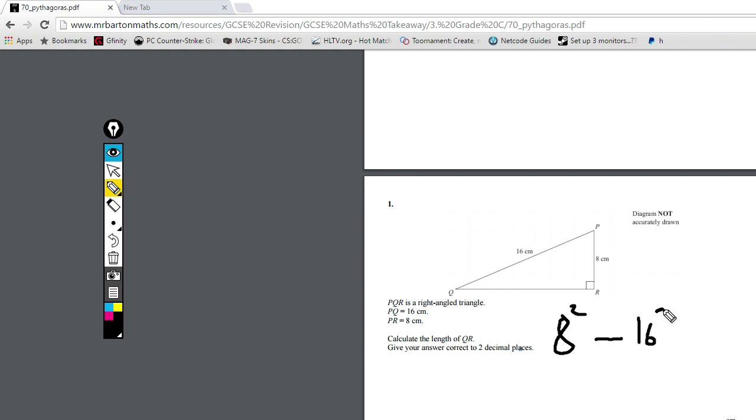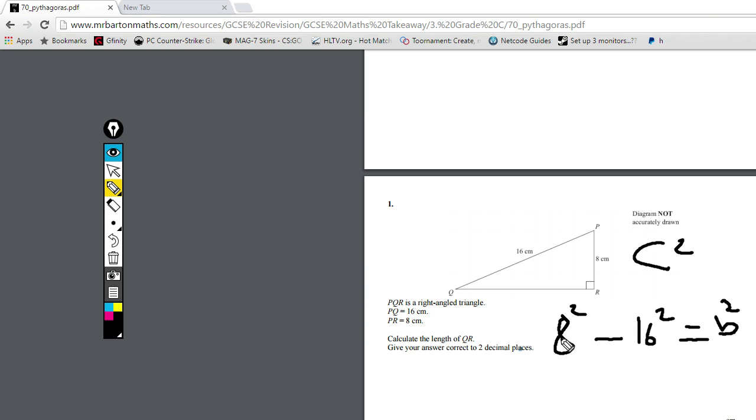We're going to take it away because we have the longest side already, which is c squared, right? So we're doing a squared take away c squared equals b squared. Okay. So get your calculators out, and we're going to do 8 squared take away 16 squared.